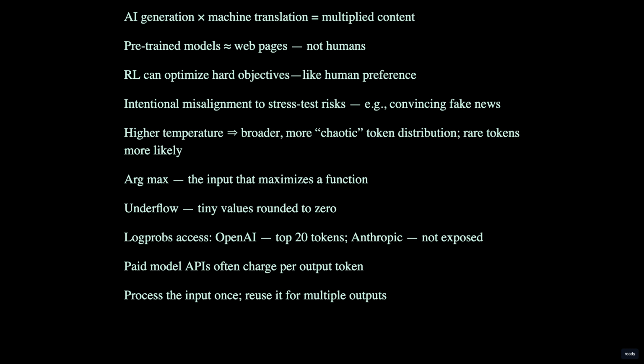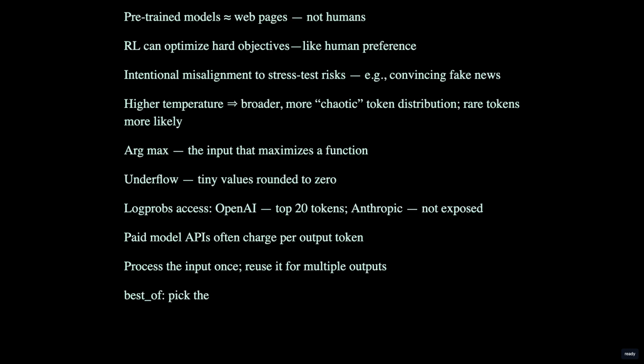Preprocess or encode the input once, for example, tokenize or compute embeddings, and reuse that result for every output to save time and cost. The OpenAI API accepts a best_of parameter, so the model can generate multiple completions and return the single completion with the highest average log probability.